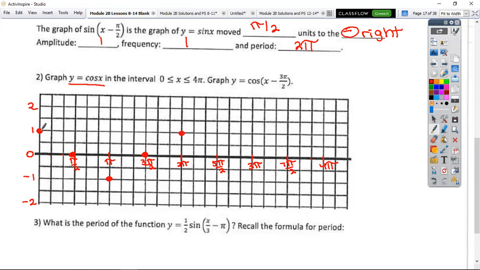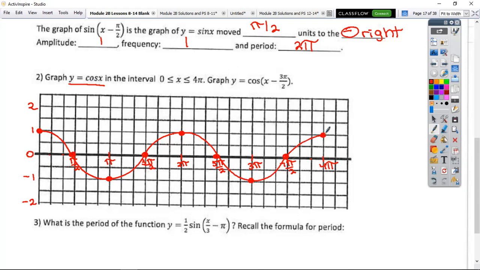And again, what you're going to notice if you look up at the last example we did is the cosine of x is actually equivalent to the sine of x minus pi over 2 that we did. Okay, so there's that. I continue this way and back up. All right, so that one's all set.